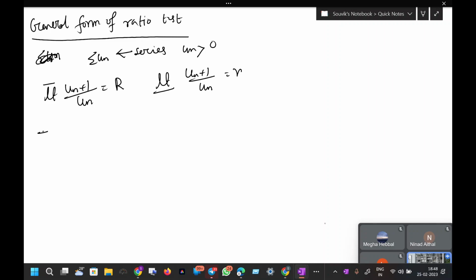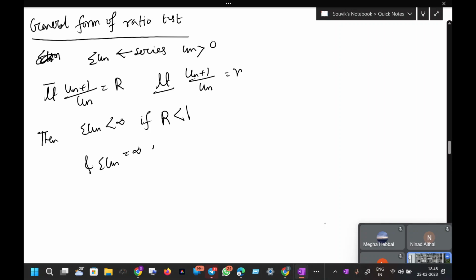The series is convergent if the capital R is less than 1 and divergent if the small r is greater than 1. So this is the general statement of the ratio test.